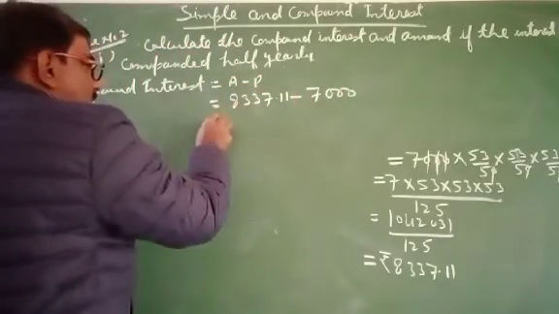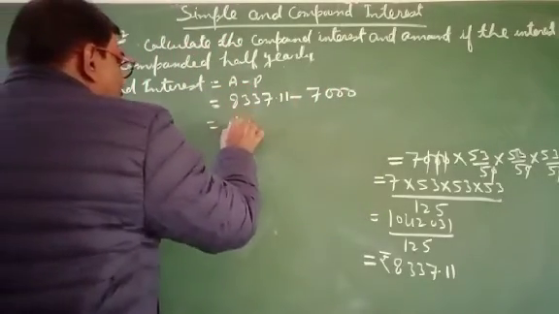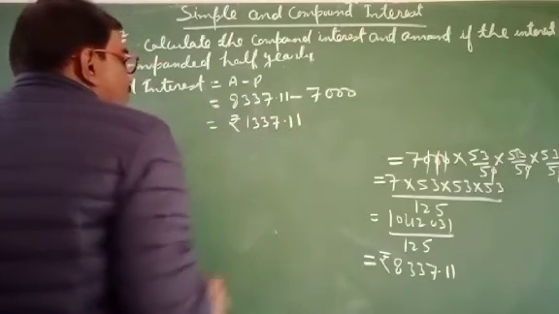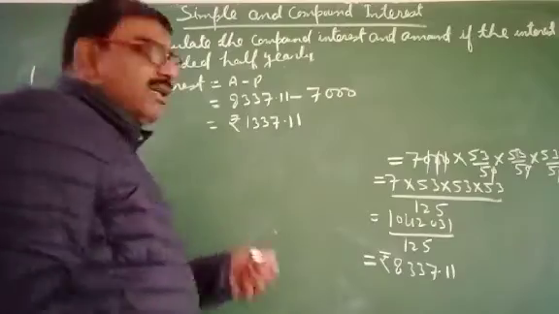Amount minus principal. Then it will equal to rupees 1337.11. So this is the compound interest.